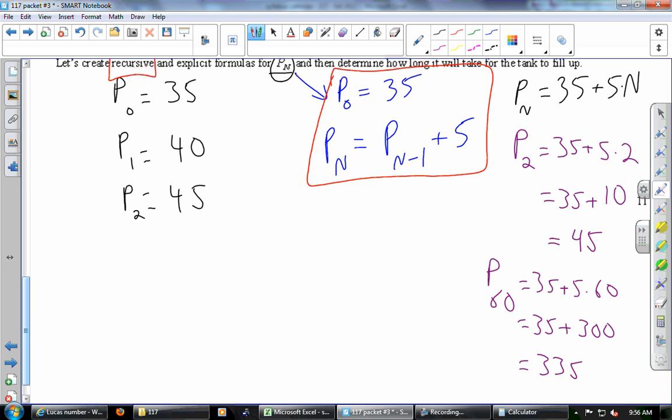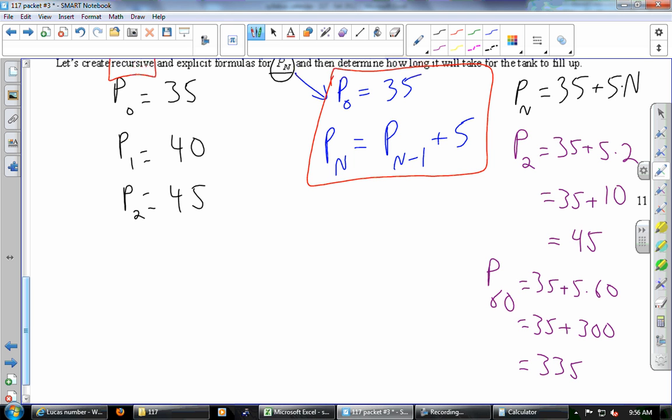We get 335. If you wanted to find P60 using the black list, it'd take a long time, right? Because you'd have to find every number between 0 and 59, and then finally you'd be able to find 60.